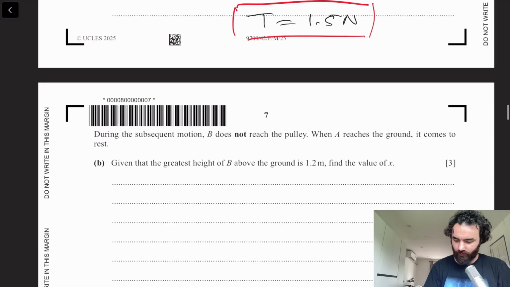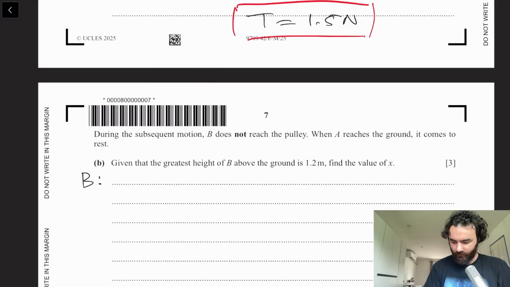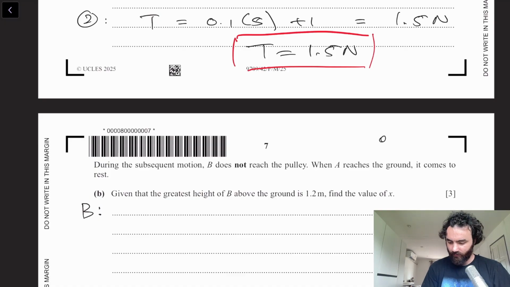Okay, so let's just look at the motion for B here. Greatest height, so it kind of goes like this, right? It moves up to here when this thing travels X and has hit the ground.